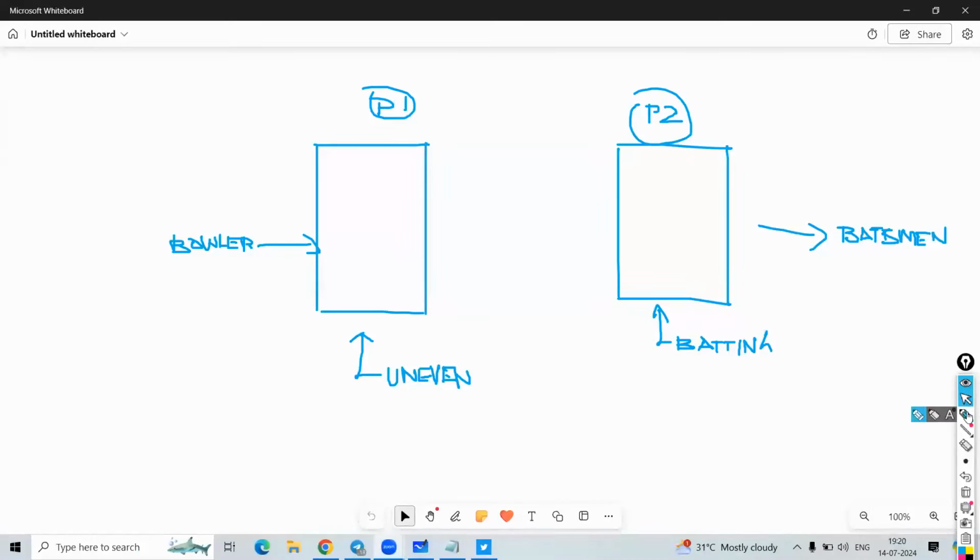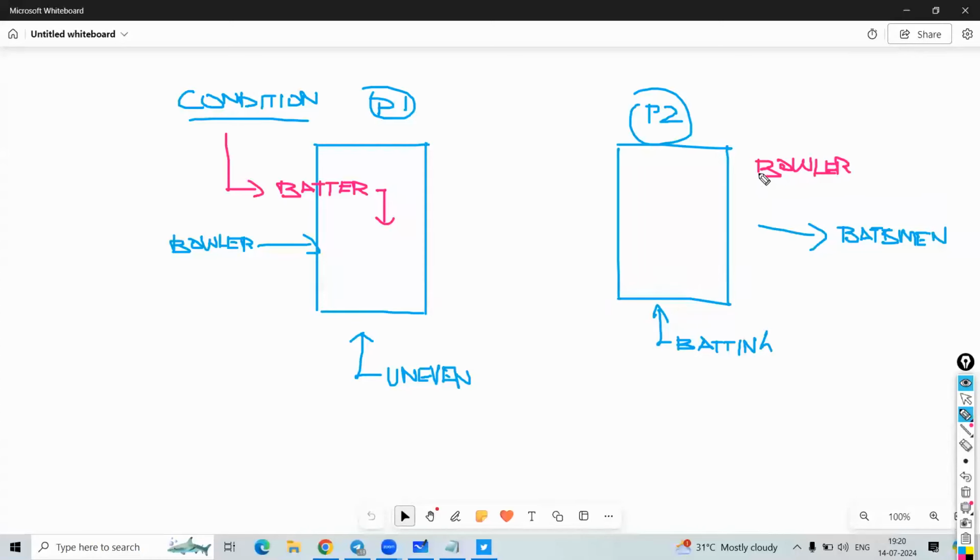So according to the condition, number one, if a batter is able to analyze the condition and type of the pitch, this batter can score runs for the day. Understanding the condition on a batting track, if a bowler analyzes the pitch and bowls accordingly, he can still take wickets and give fewer runs, good economy.